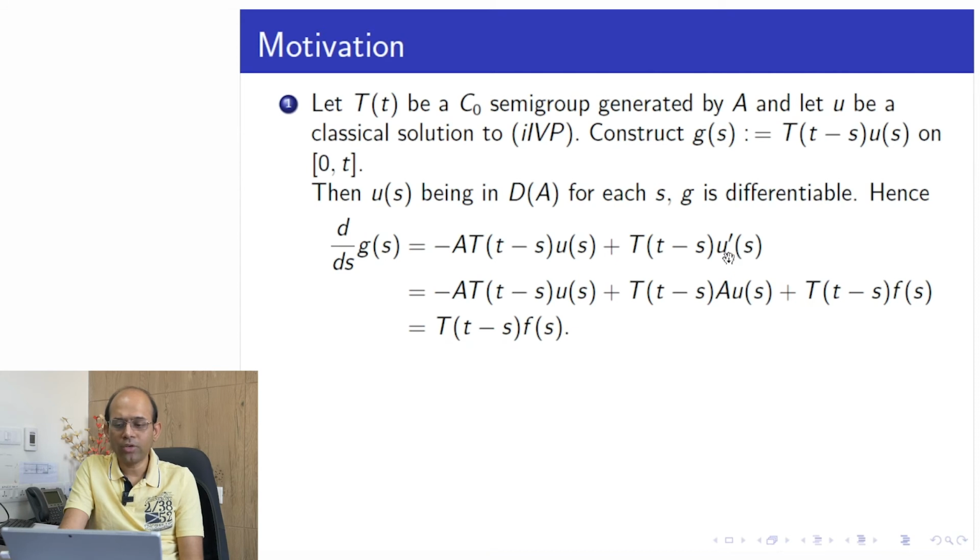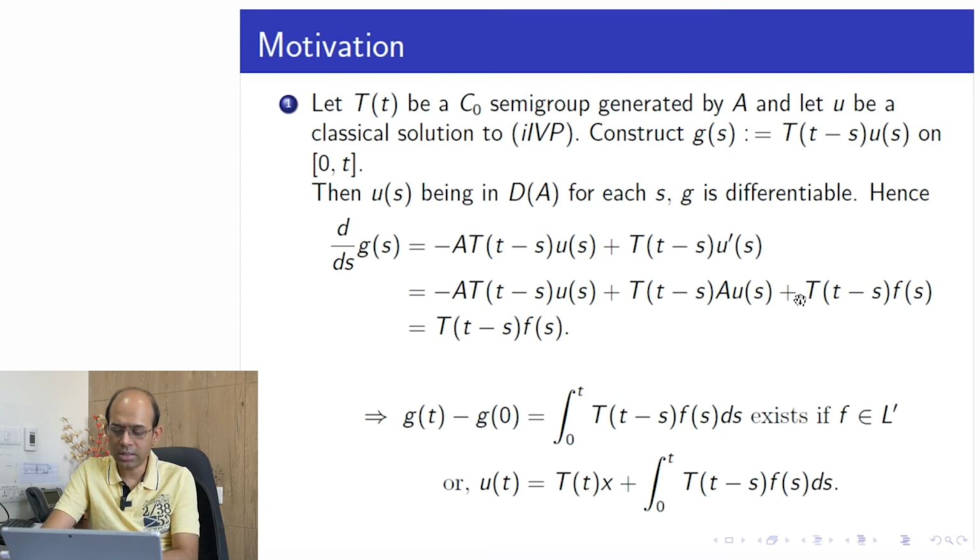However, u solves the IIVP classically. So we know the expression for u prime, because u prime appears on the left hand side, and that is equal to A u plus f, which appears on the right hand side. So that we are going to use. Here, as before, minus A T(t minus s) u(s) appears, plus T(t minus s) applied to u prime(s), written as A u(s) plus f(s), with T(t minus s) operated on both.